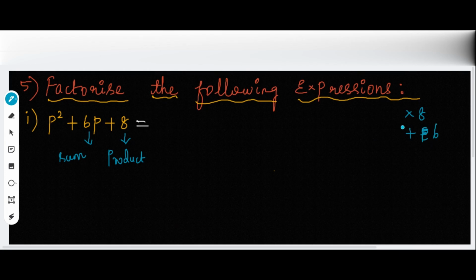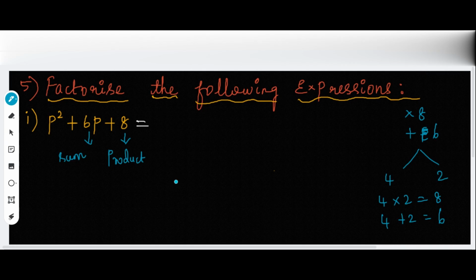If you multiply the two numbers, you will get 8, and if you add the two numbers, the sum will be 6. So what are the two numbers?